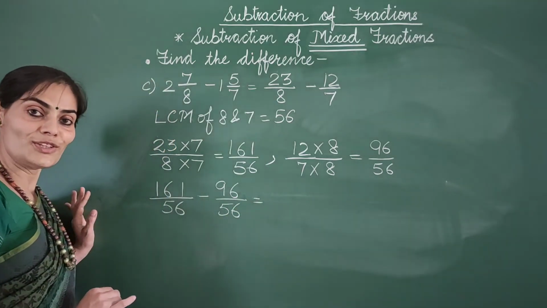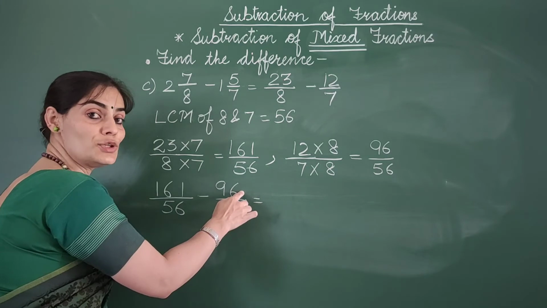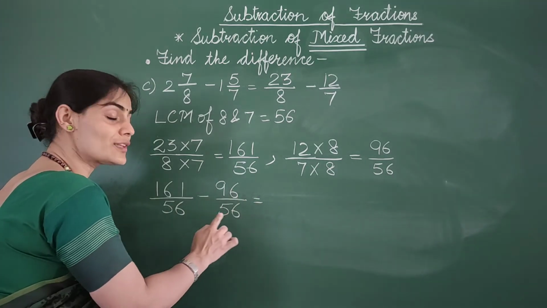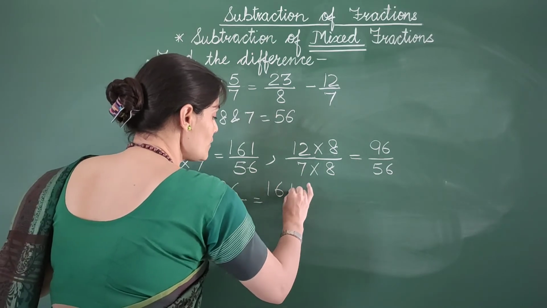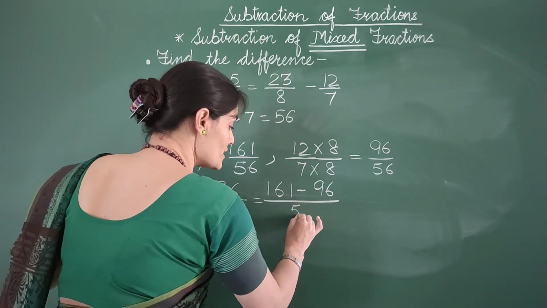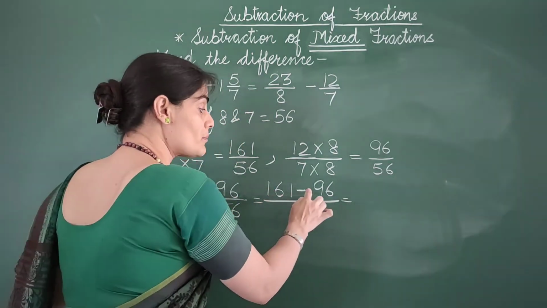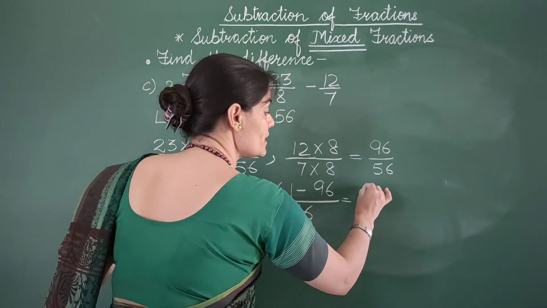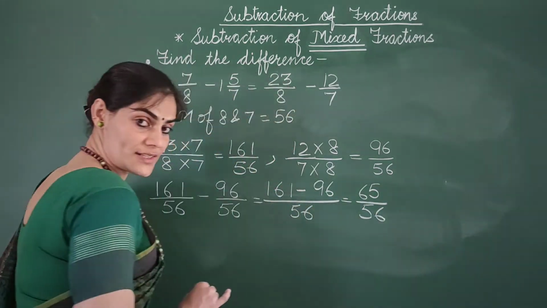And what are we going to do? We will first find the difference between the numerators upon the common denominator 56. So 161 minus 96 upon the common denominator 56. And 161 minus 96 will be equal to 65 upon 56.